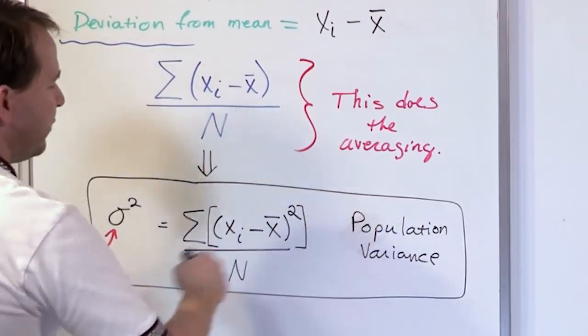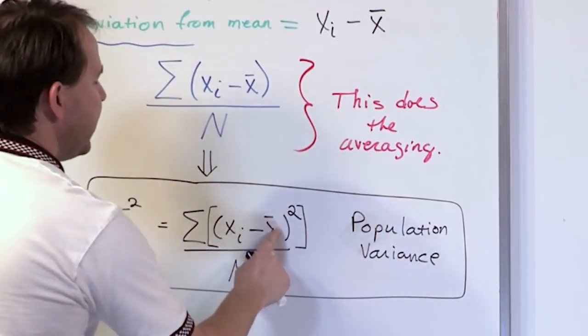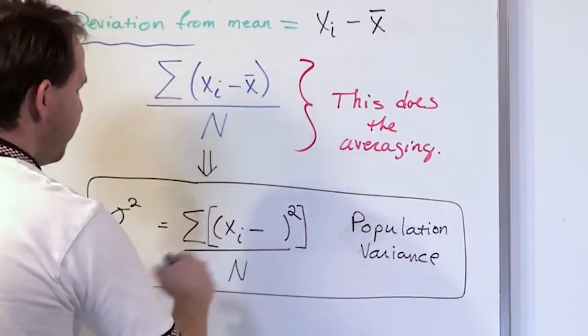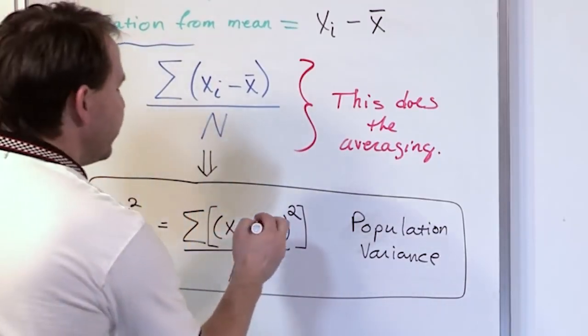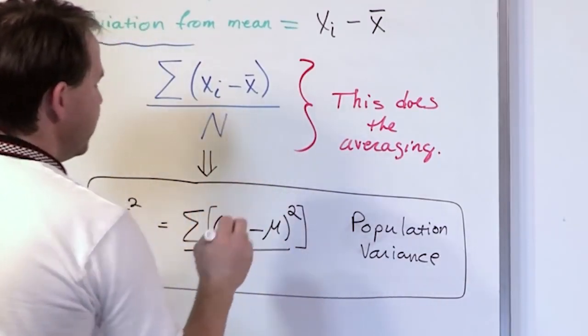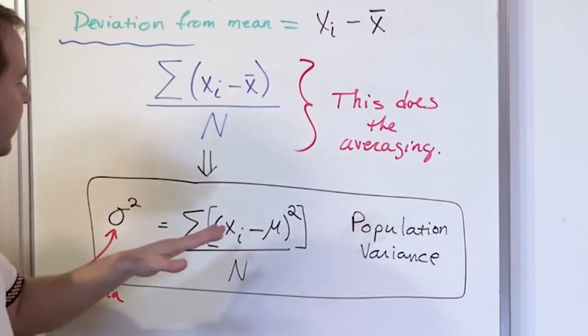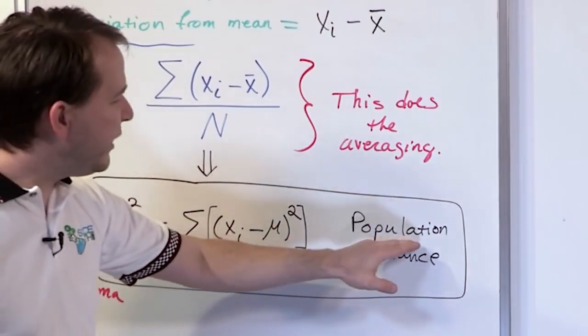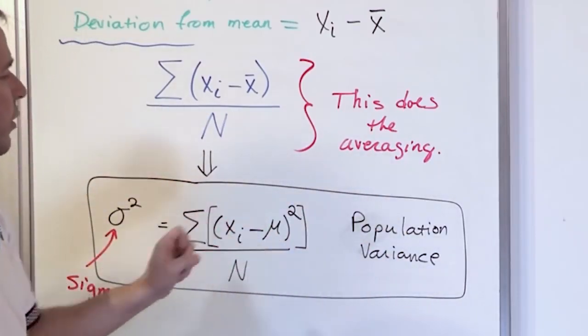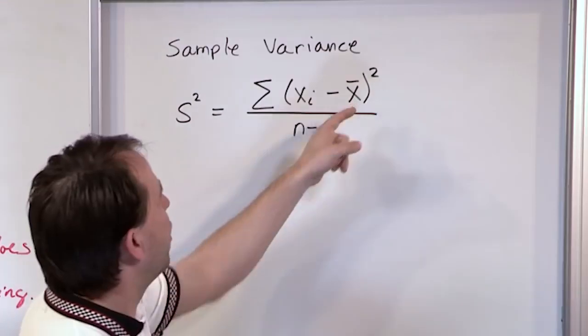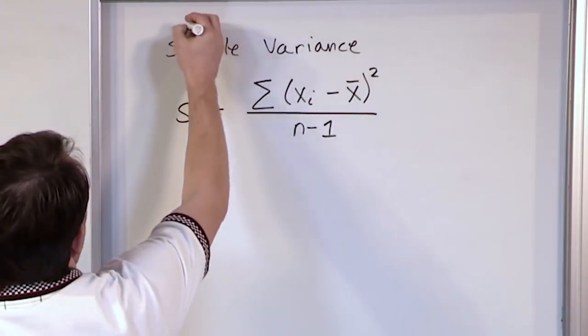Since this is a population variance, instead of x bar, the better way to write this, the way that you would see it in your book, is minus mu, since it's a population variance. Remember, when we talk about populations, the population mean we call mu. The sample mean we call x bar, like this.